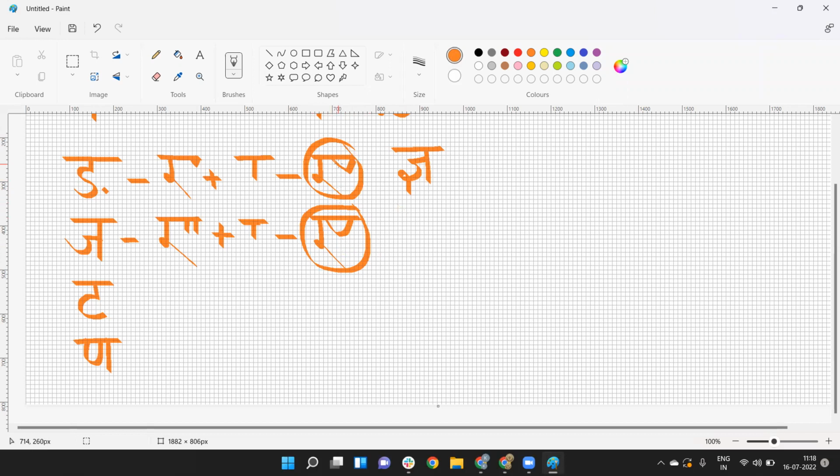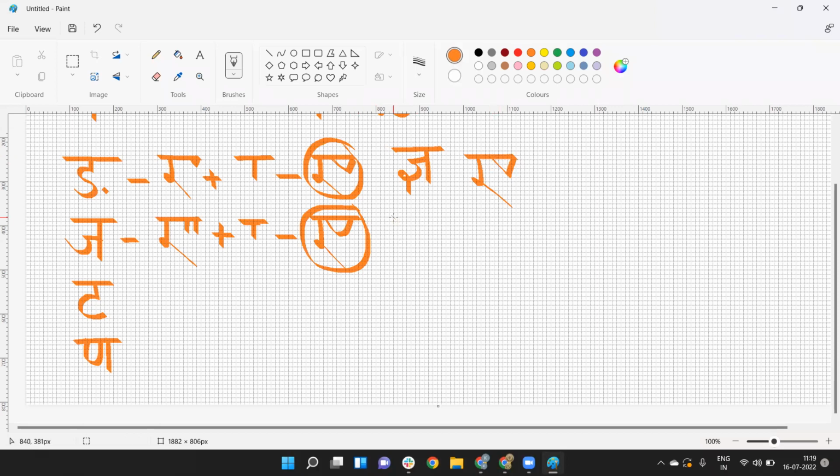Now the difference between this Na and Ja is, if you look very closely, on the top of Na the extension of the Shirorekha from the right hand side is very less. There is almost no extension of the Shirorekha on this side. And secondly, this triangle.